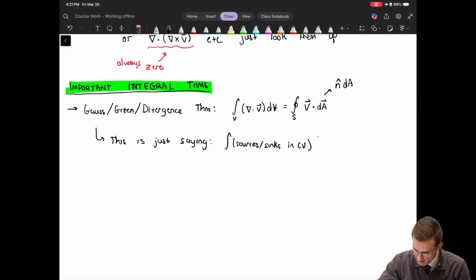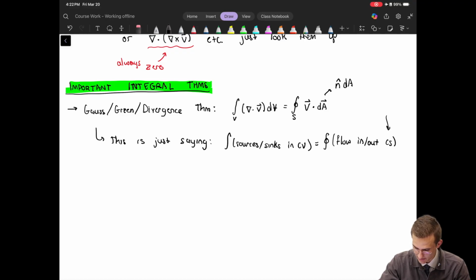Okay. So you're looking at the integral over the sources and sinks in the CV by looking at the divergence, and then you want that to be equal to, of course, the flow in and out of the control surface. Like if mass is entering your system somewhere in your control volume, then it has to go somewhere, or like energy, for example.